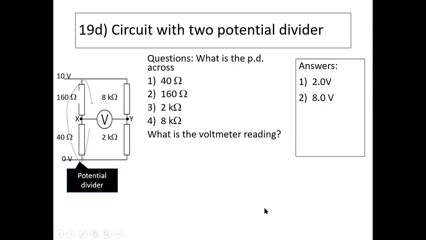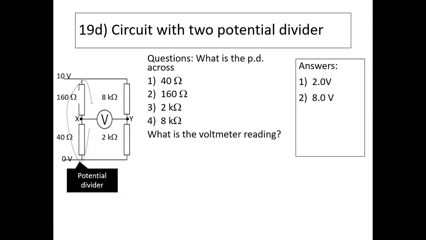How about across 2 kilo ohm, this one? The answer is 2 kilovolt? How to get 2 kilovolt? The highest you can get is 10 volt only. It's 2 kilo ohm over 2 plus 8 kilo ohm, times 10.